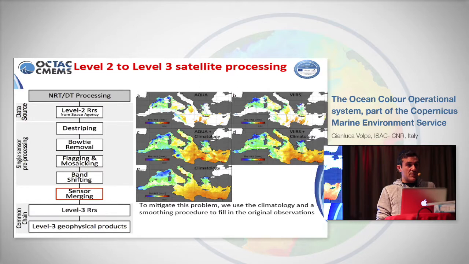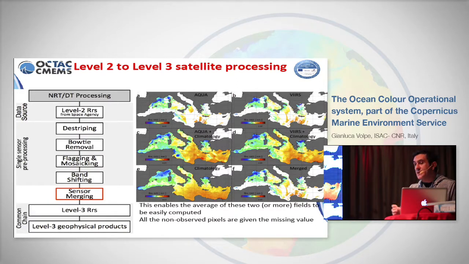To mitigate this problem, we use the climatology together with an ad hoc smoothing procedure to fill in the missing original observations. So we have the common climatology, which is used to fill the gaps of both scenes, and in this way the average of the two fields is easily computed. Consider that in this case we assume the inter-sensor bias of the two is 0.